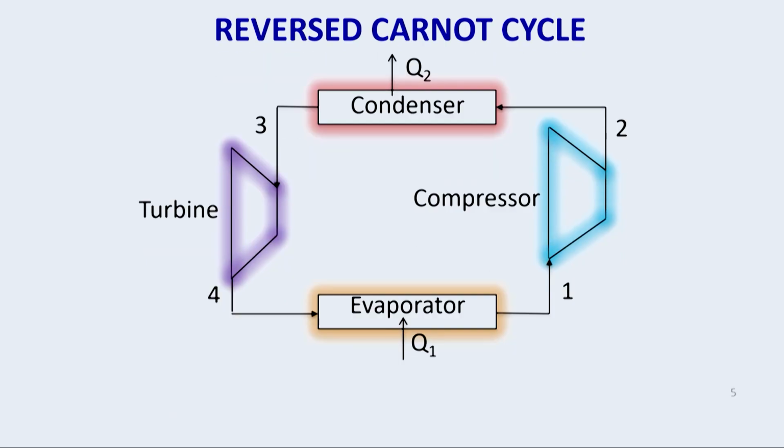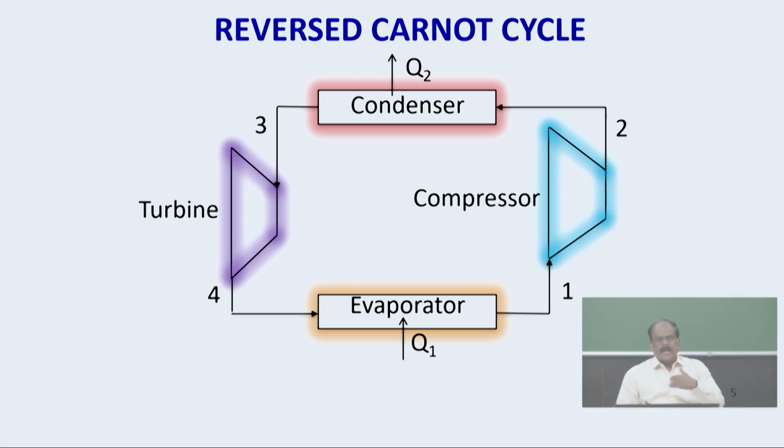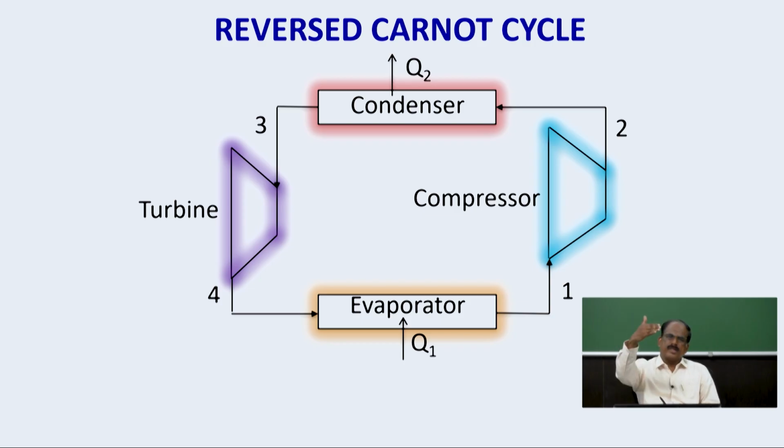So Q1 and Q2. If you see the Carnot cycle, the heat is transferred from a high temperature body to a low temperature one. Heat is supplied by the thermal reservoir, the source, the engine does work, and the remaining heat is rejected to the sink.